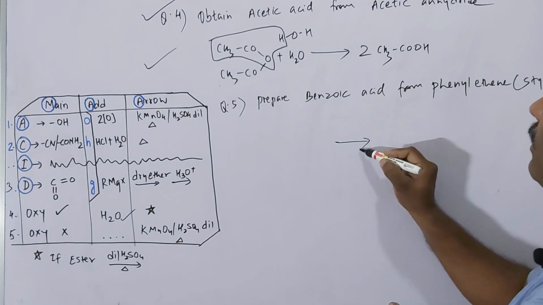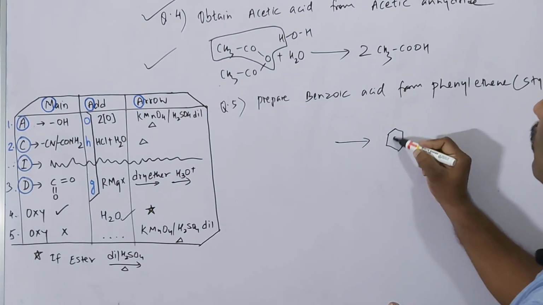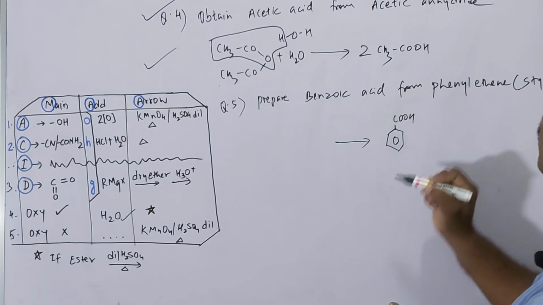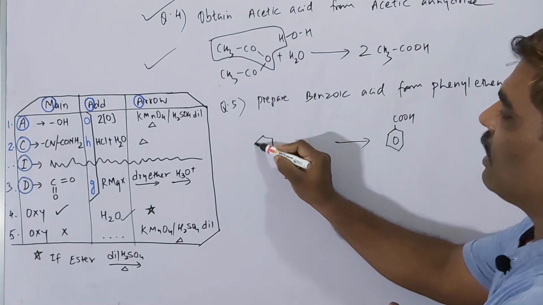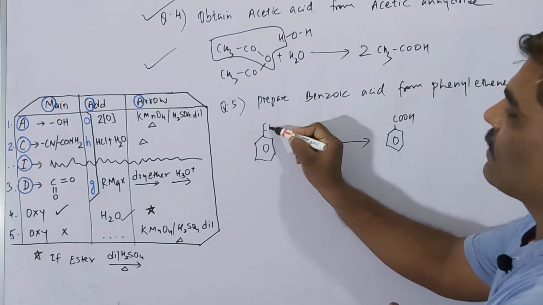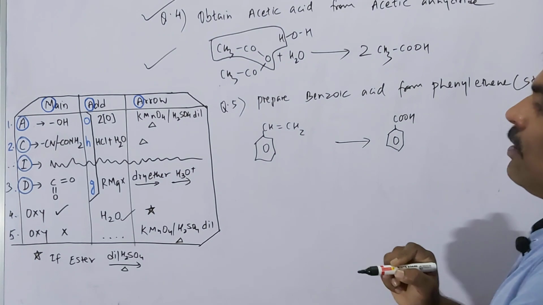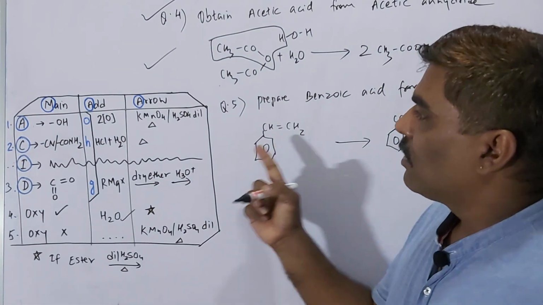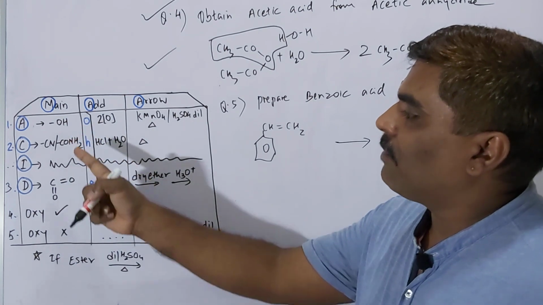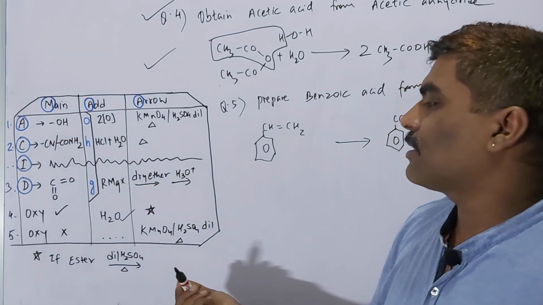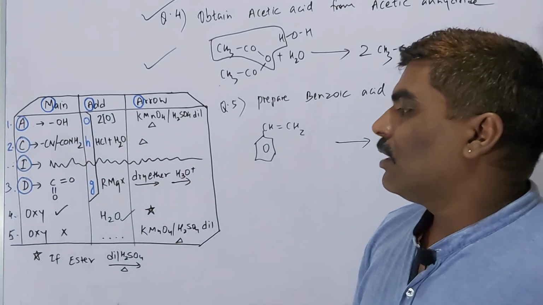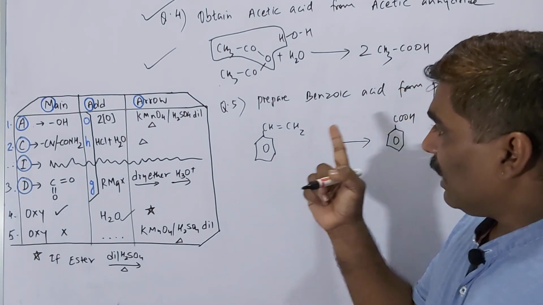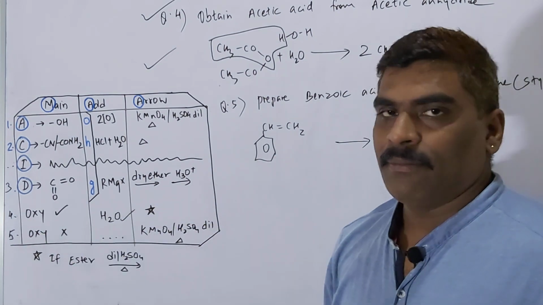First you try to write the structure of benzoic acid, and the structure of phenylethene is this. Now try to find out where this phenylethene belongs. So alcohol, cyanide, amide, dry ice, obviously no. Number 4, oxygen is not there. This belongs to number 5.